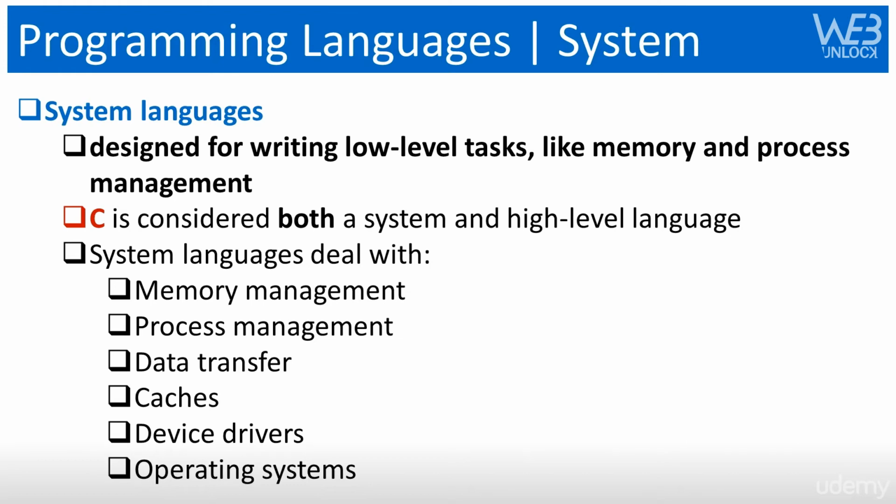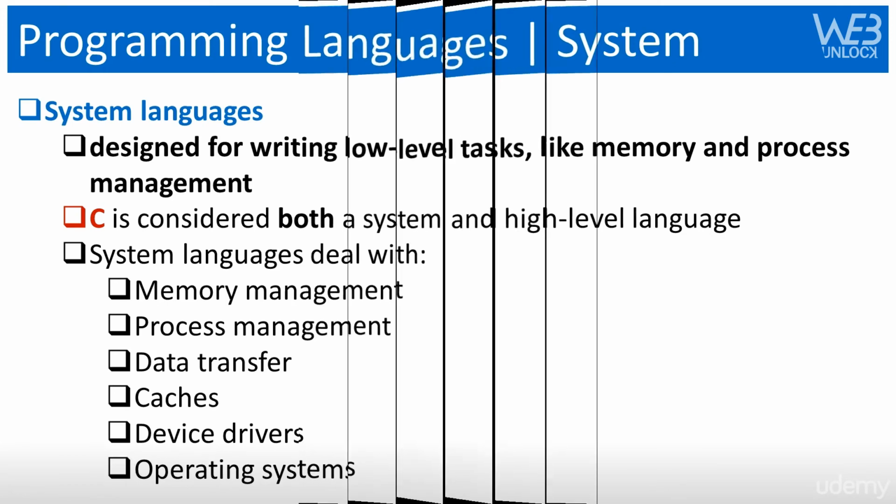Process here means program, and that's enough of a definition for now. Data transfer, caching, device drivers, even operating system level stuff like writing the kernel of the operating system. C was actually originally invented so that most of the Unix operating system could be rewritten in C.